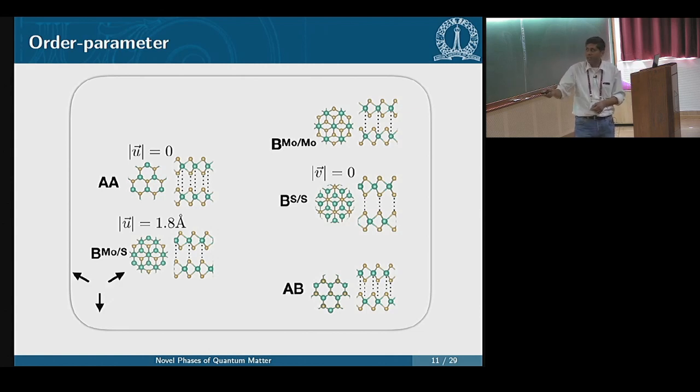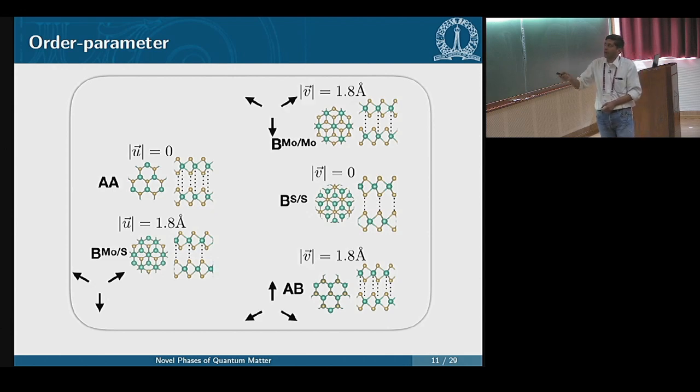These are my possible directions, and the length of this vector is 1.8 angstroms. So if I have one unit cell, if I give you Bernal molybdenum on sulfur stacking, I can translate it by 1.8 angstroms and actually recover my AA stacking.